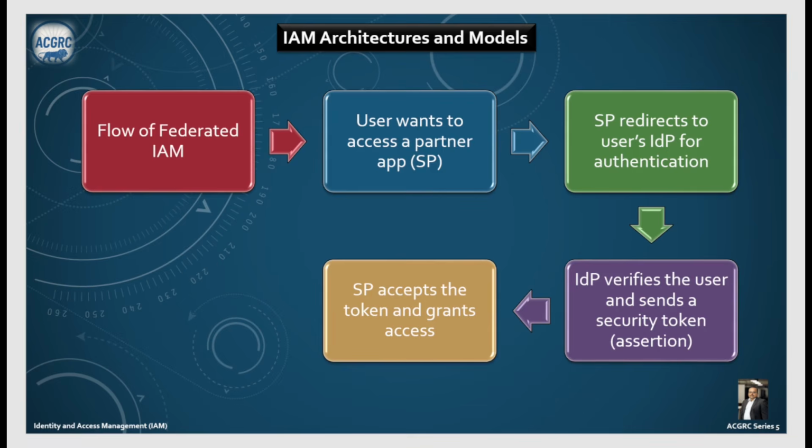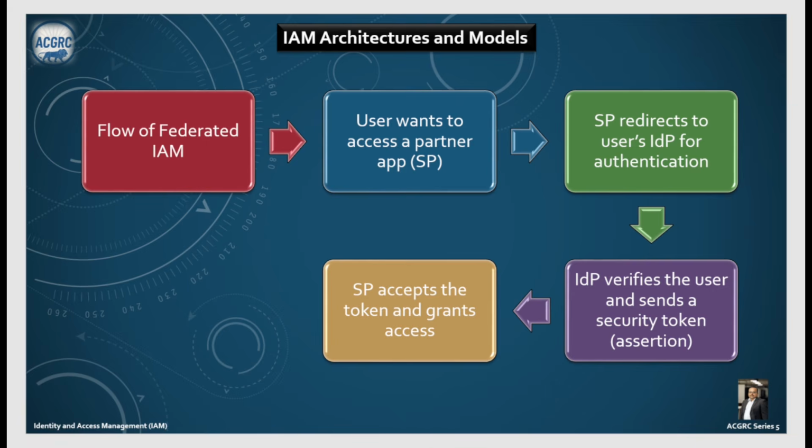How does the flow work? Well, the user wants to access a partner's app, the service provider. The service provider redirects to the user's identity provider for authentication. The identity provider verifies the user and sends a security token assertion, and the service provider accepts the token and grants the access.